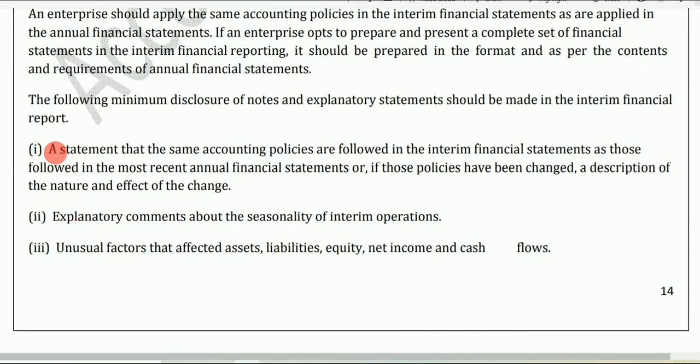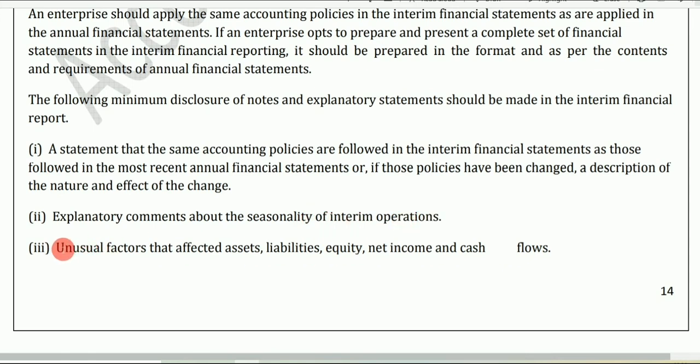Number 1, a statement that the same accounting policies are followed in the interim financial statements as those followed in the most recent annual financial statements, or if those policies have been changed, a description of the nature and effect of the change. Number 2, explanatory comments about the seasonality of interim operations.